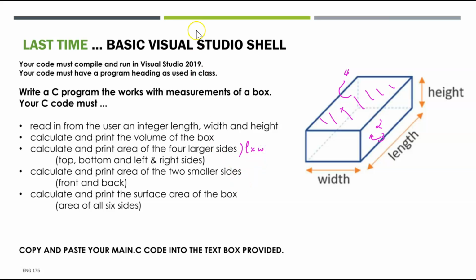The area of the two smaller sides: when we look at the two smaller sides, we've got this one here, the one up front, and then this one here, which would be the one in the back. If we look at these areas, here we have width times height.